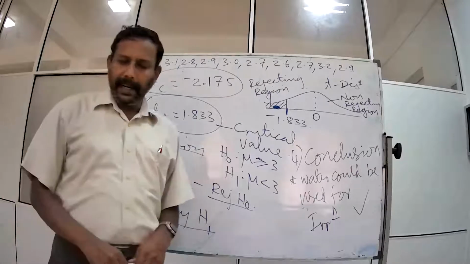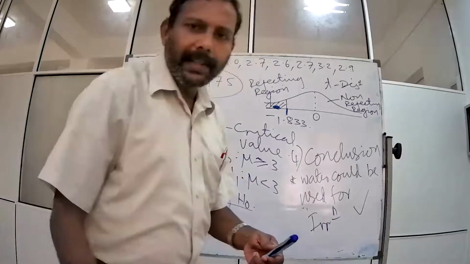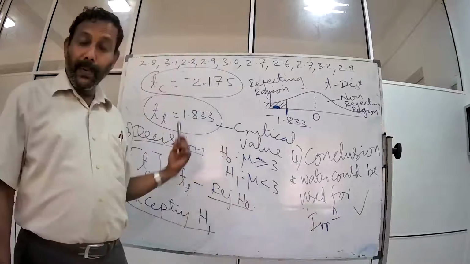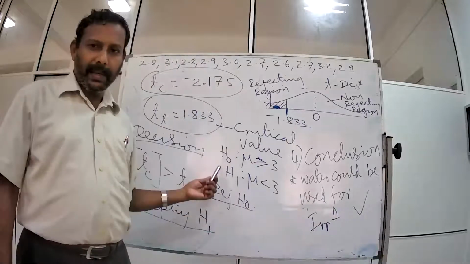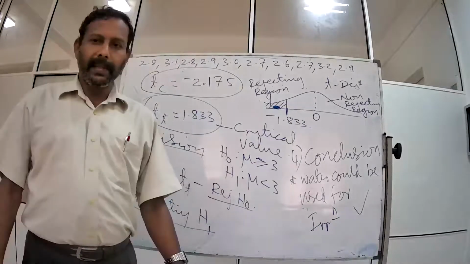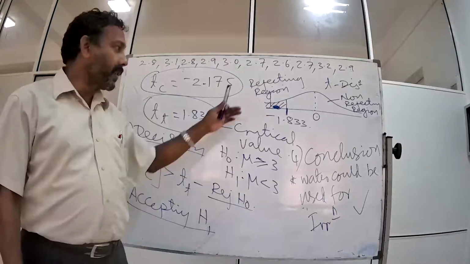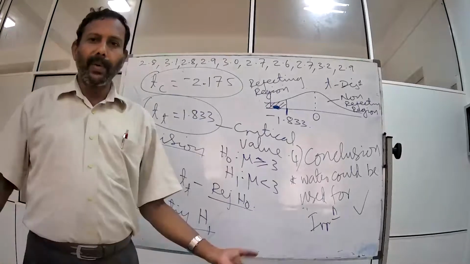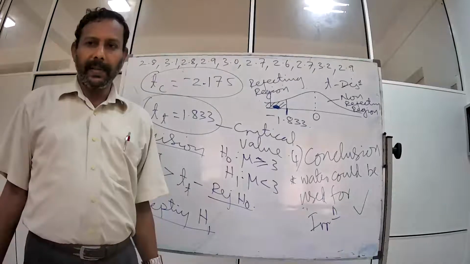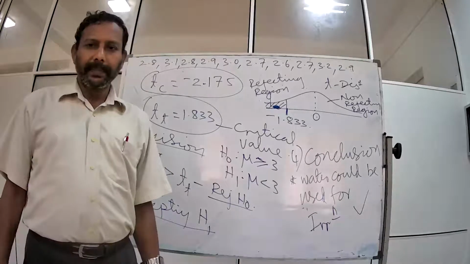Right. Any questions on that? So that is the answer. If you write all these steps, you will get 100 marks. If you miss some of the steps, you will lose some marks. Any questions?